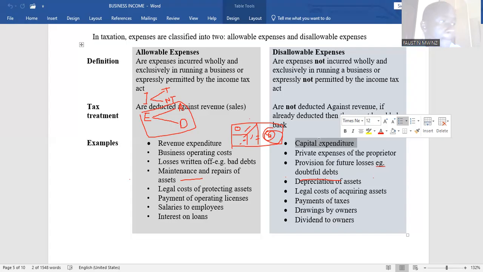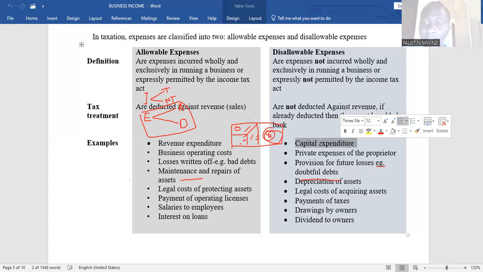Capital. Someone else can help. Based on his explanation, I'll assume capital expenditure basically goes into assets, the assets of building the company. I don't know.